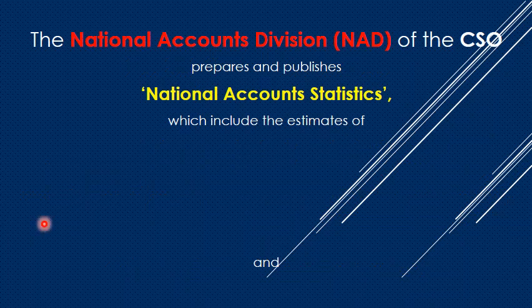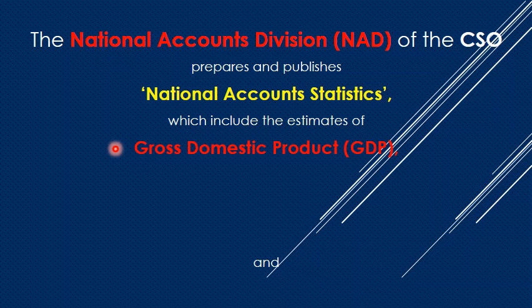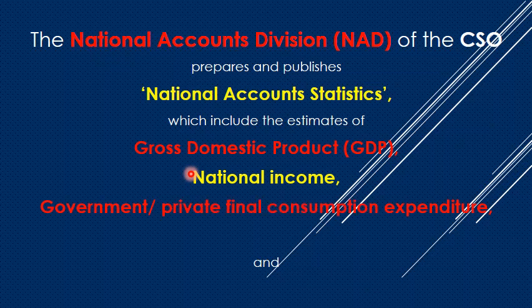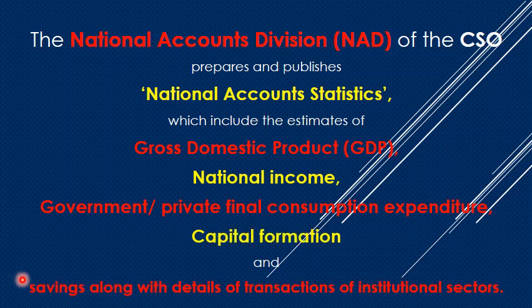The National Accounts Division (NAD) of the CSO prepares and publishes national accounts statistics, which include estimates of GDP, gross domestic product, national income, government, private, final consumption expenditure, capital formation, and savings, along with details of transactions of institutional sectors.